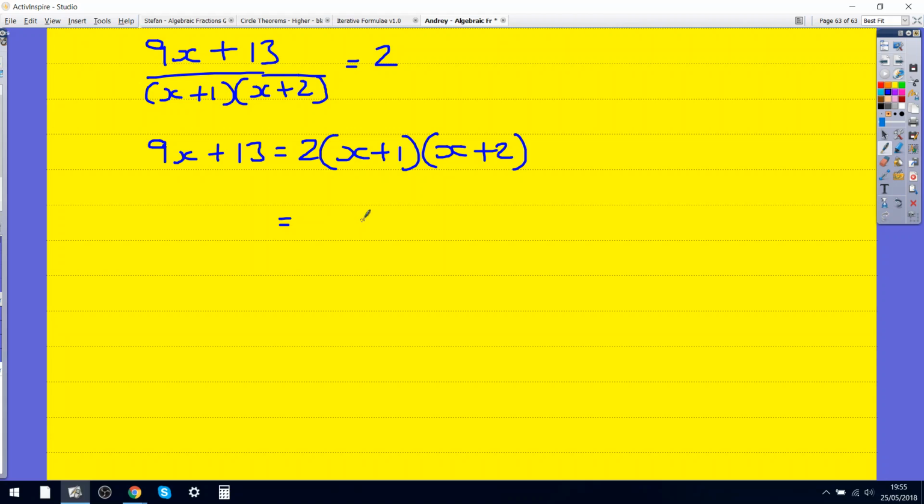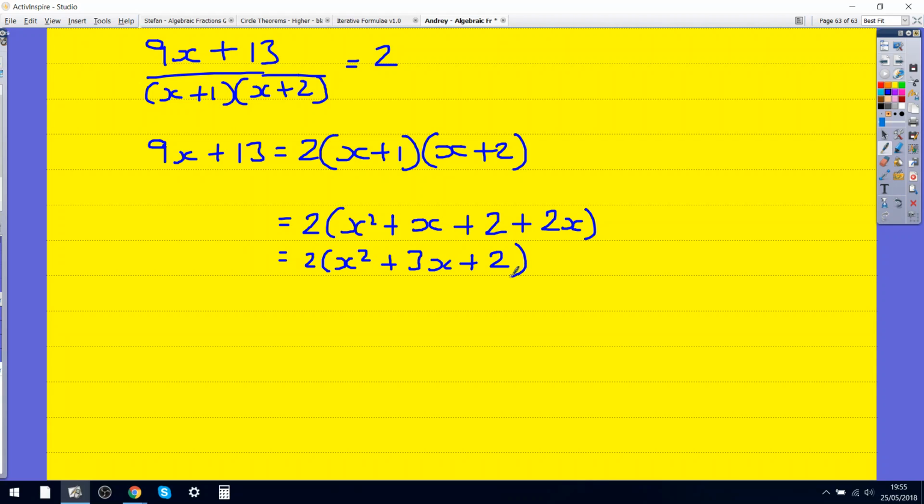So it would be x squared plus x plus 2 plus 2x, and that would end up being x squared plus 3x plus 2, and then you times that by 2, and then it's 2x squared plus 6x plus 4.